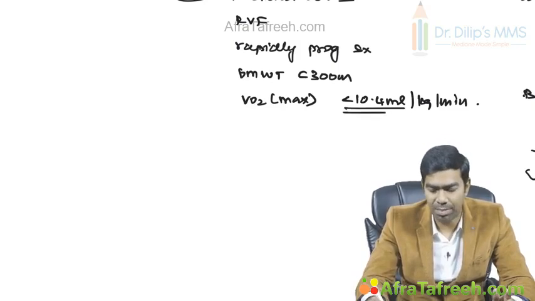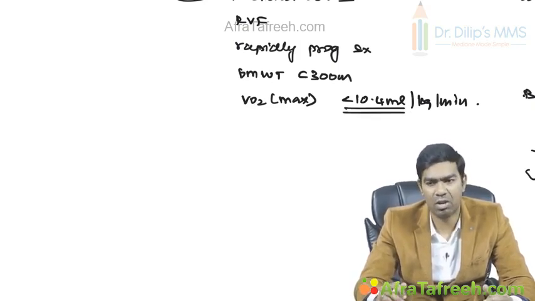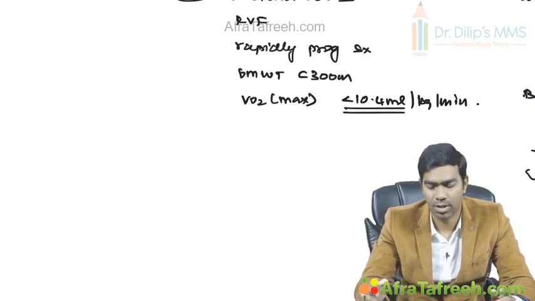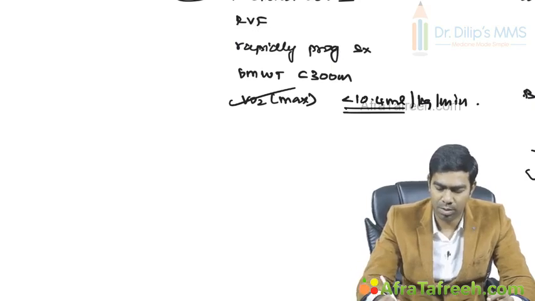If it's less than a paltry 10.4, again the oxygen consumption is very, very poor, which means a severe pulmonary hypertension causing very poor oxygenation in the pulmonary system. That's what it means. So that's why VO2 max less than 10.4 is a very, very poor prognostic sign.